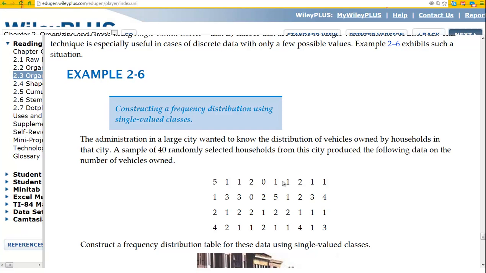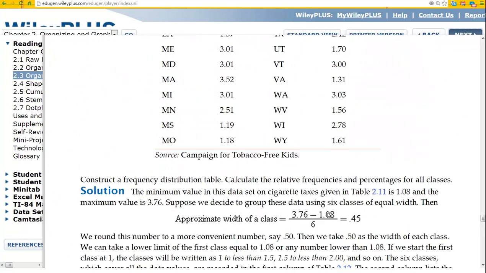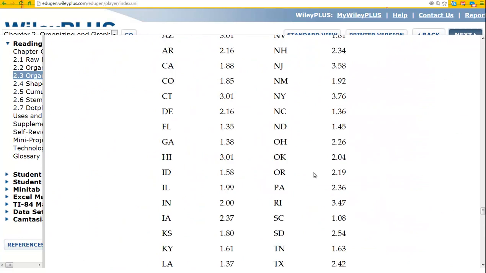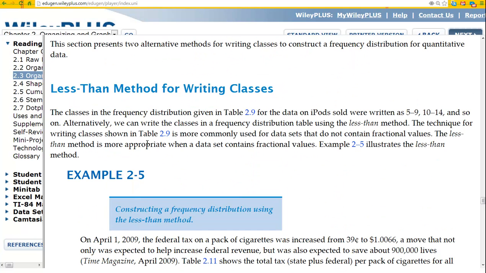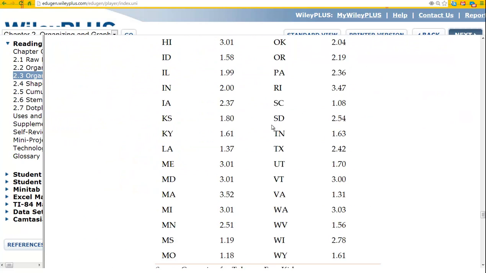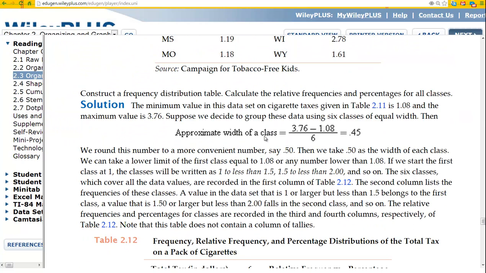Okay, so we're considering these two different kinds of data and what we should do to make a frequency distribution in these two cases. How should we handle this one versus how should we handle this type? What they say is for this type we use the so-called less than method for writing the classes. They say the minimum value in this data set on cigarette taxes was $1.08.